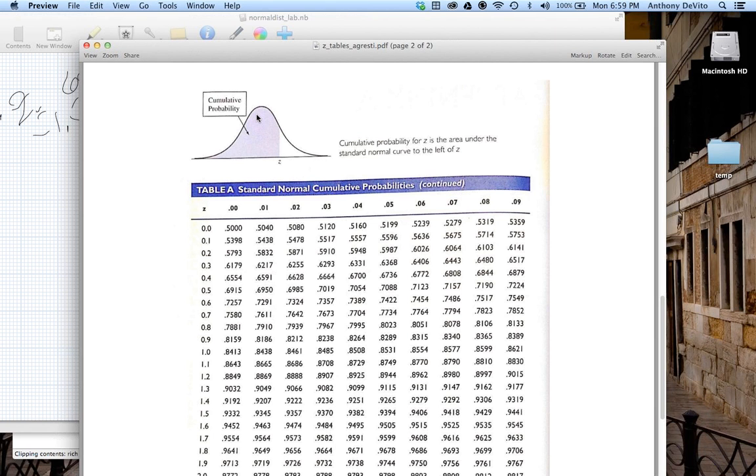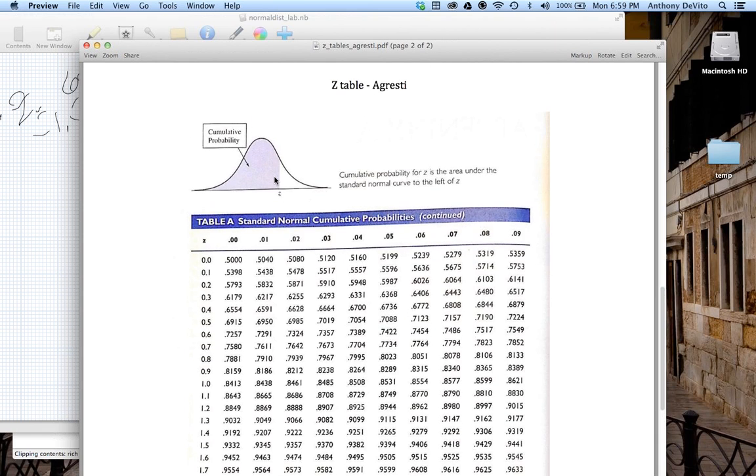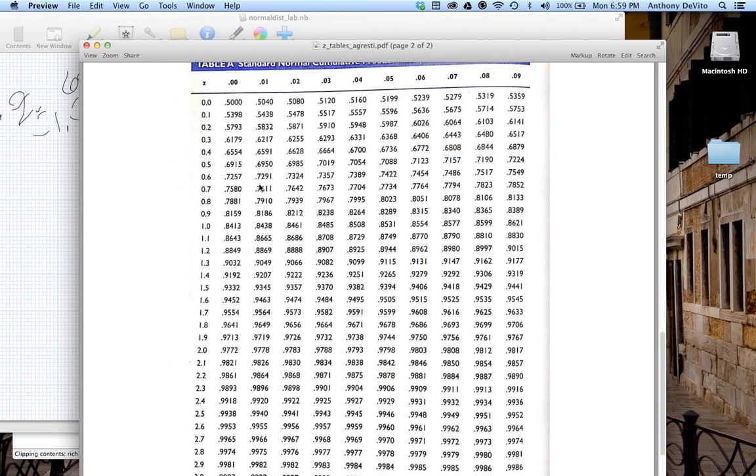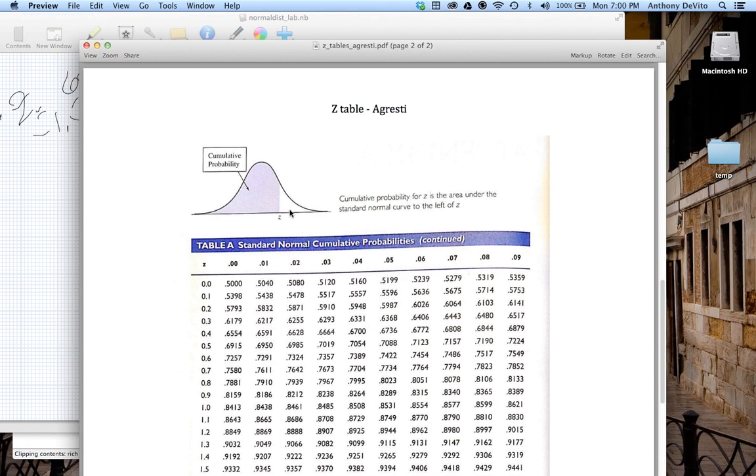What were we looking at? 1.5. What's the area below 1.5? Okay, so we're going to go to 1.50, which is 0.9332, about 93%. So 93% of the distribution is below a z-score of 1.5.